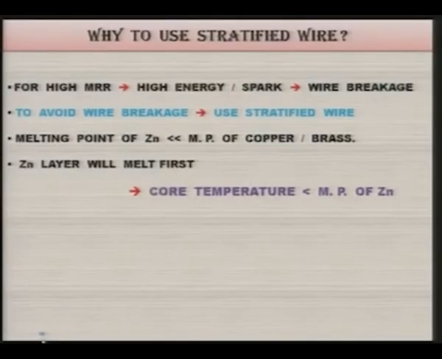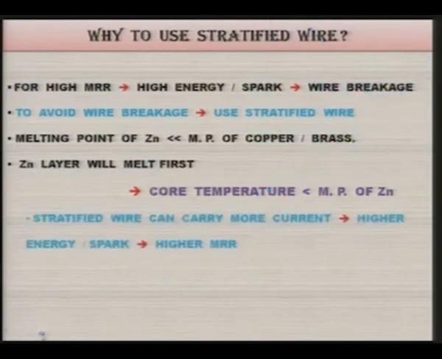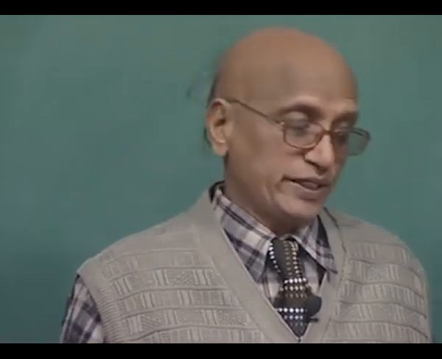So, the core temperature of the wire will be lower than the melting point of the zinc, and the chances of breakage will be minimal. Stratified wire can carry more current, that means higher energy per spark and higher material removal rate without breakage, while if it is just a bare wire, then at that particular temperature the wire may break.